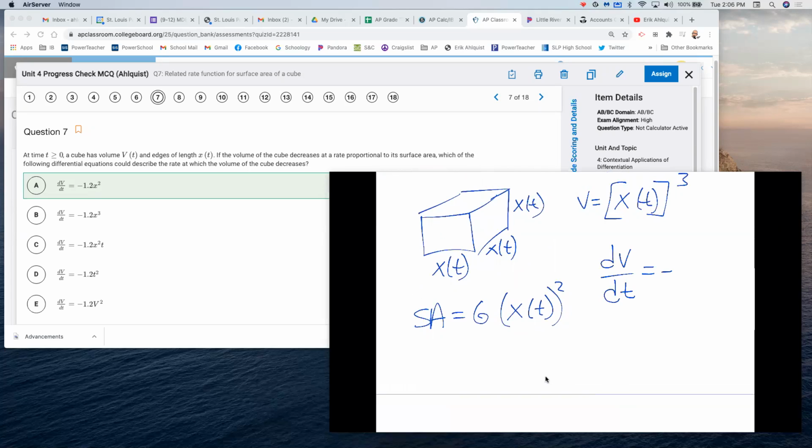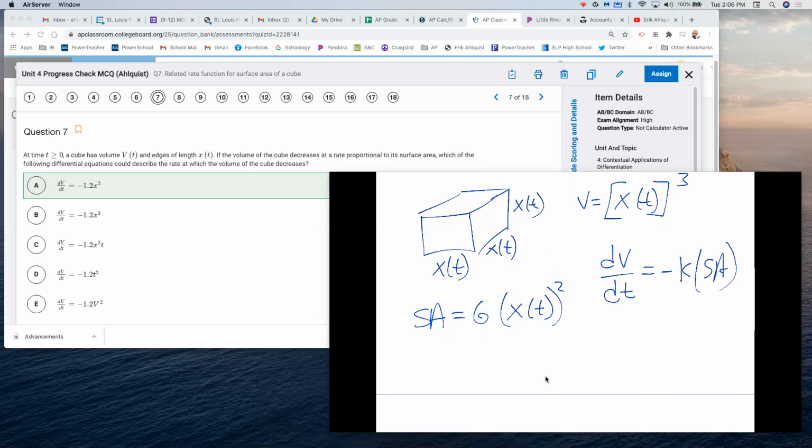If you miss the negative in there, it really wouldn't matter because there was a negative in every one of the answers, but that's where the word decreases comes in. If it was at a rate proportional to its surface area, it would be k times the surface area, and k is a constant of some sort.